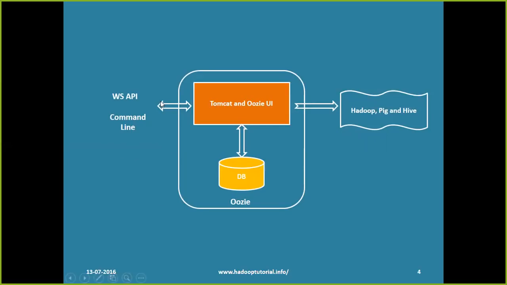Now the basic components involved in the Oozie architecture. With Oozie, we'll interact mainly with the command line API. Inside Oozie, there will be a Tomcat instance always running, which fetches the actual Oozie DB details that get stored in MySQL. In MySQL, the metadata of all the Oozie jobs gets stored, and from there, Tomcat is responsible for fetching those details and displaying them for us on the Oozie web UI.